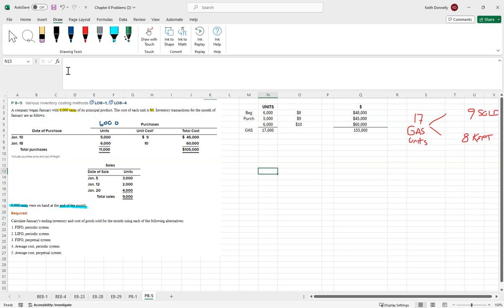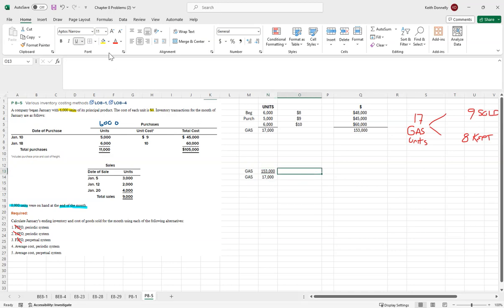Okay, so, average cost periodic system. Let's think about this. Our goods available for sale in dollars is $153,000. That was in total for 17,000 units.